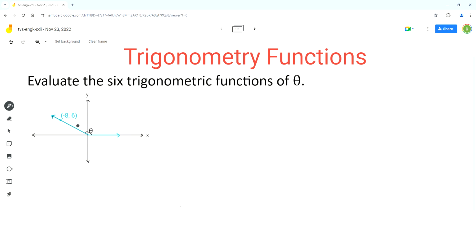For this problem, we will use the CAST rule, also called the ASTC rule, also called the all sad turtles cry rule. These are just different names for the same rule. I'll write them on the board.